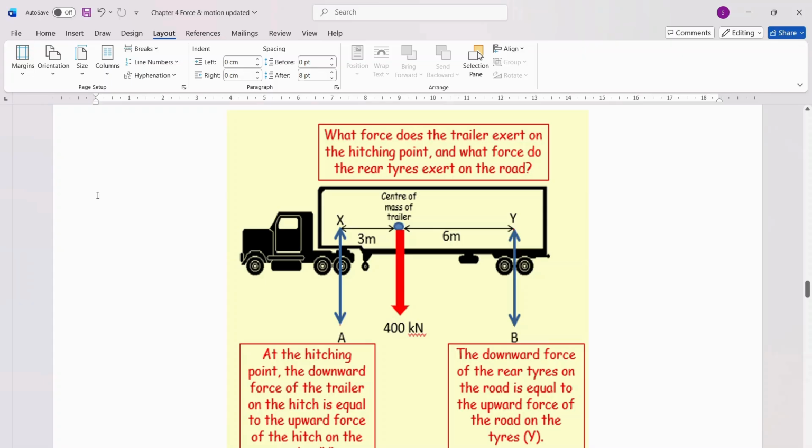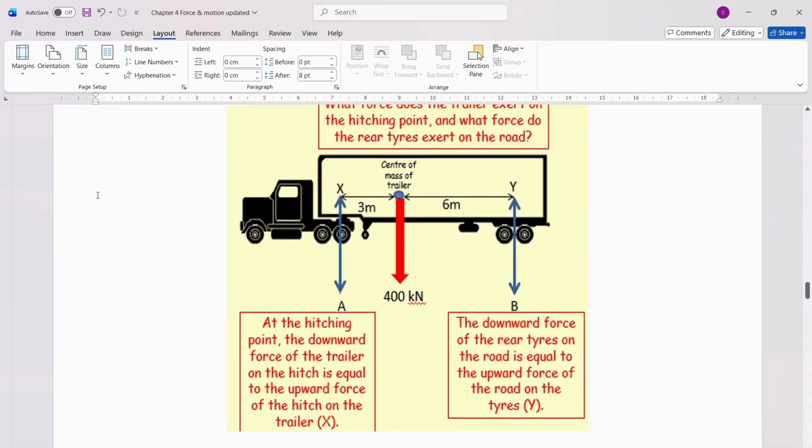Here on the trailer, we need to see what force is exerted on the hitching point and what force is exerted by the rear tires on the road. We can see the center of mass is given here, and the distance on one side is 6, and the distance on the other side is 3 meter.